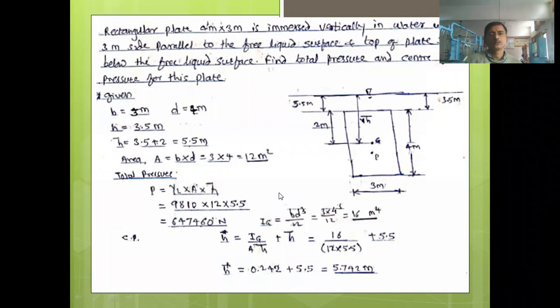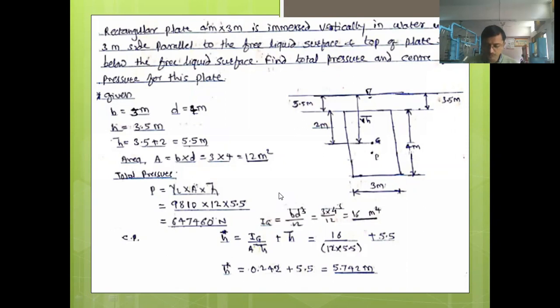Find the total pressure and center of pressure for this plate.